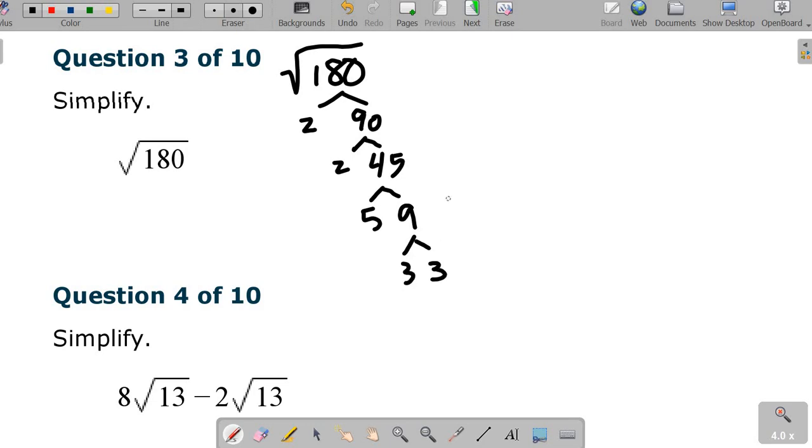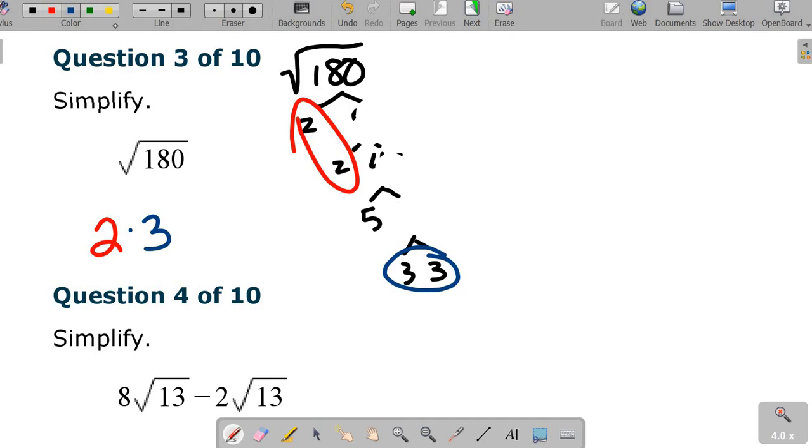You want to take a look only at the leaves, so we're ignoring the branches. And here we have a pair of 2's, so a single 2 comes out. A pair of 3's, a single 3 comes out, 5 stays home. So your final answer is 6 root 5.